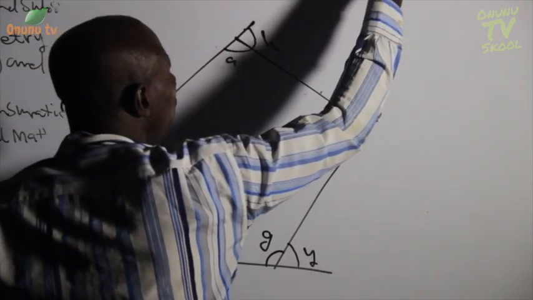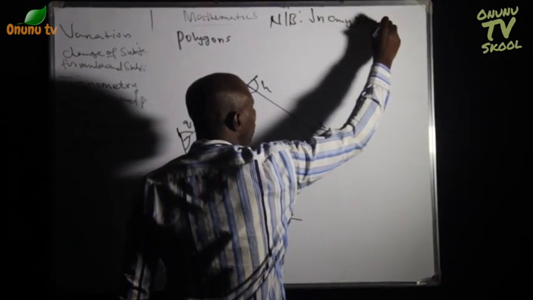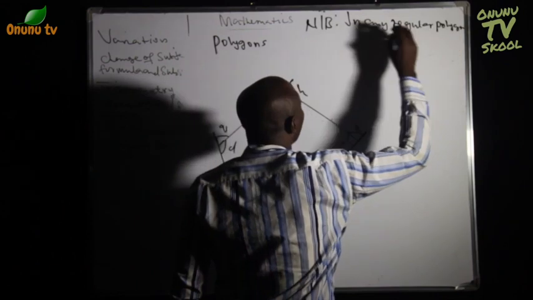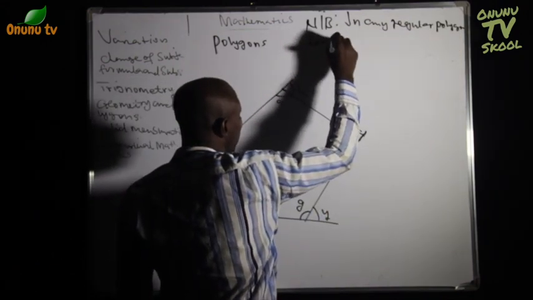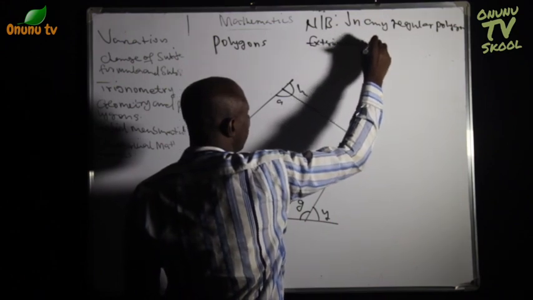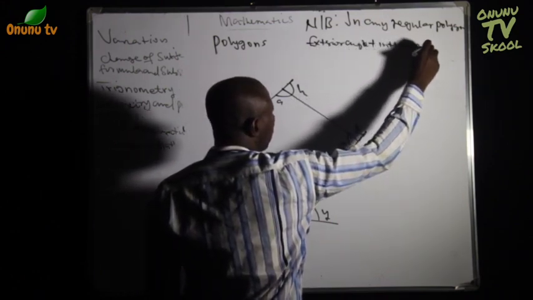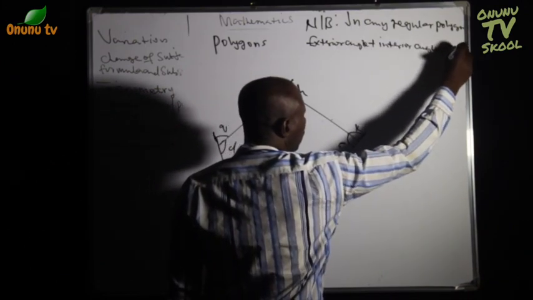In any regular polygon, exterior angle plus interior angle equals 180 degrees.